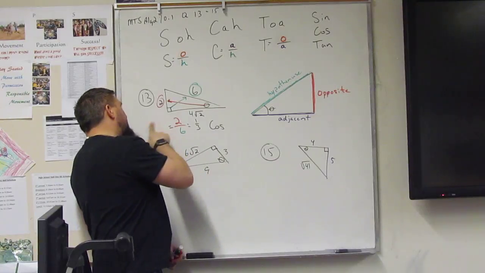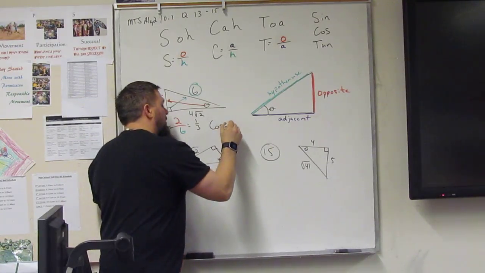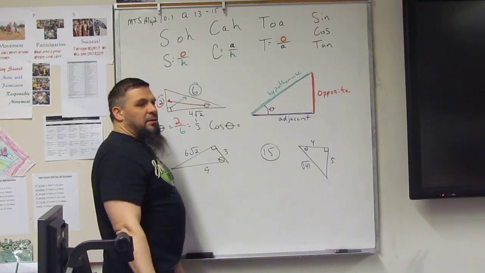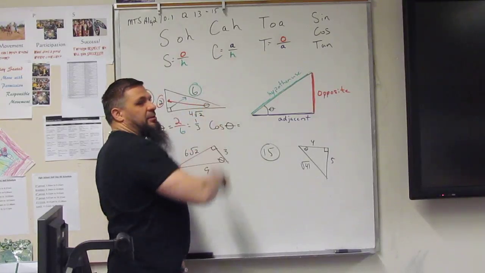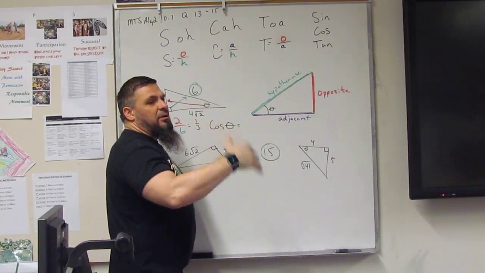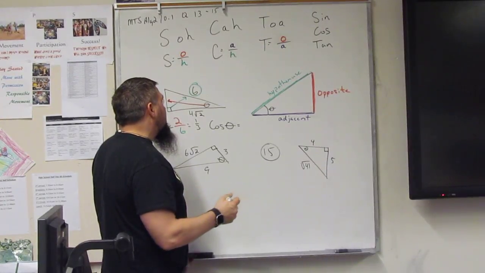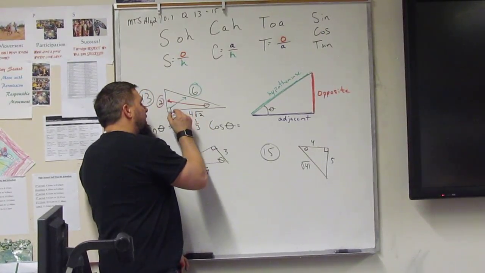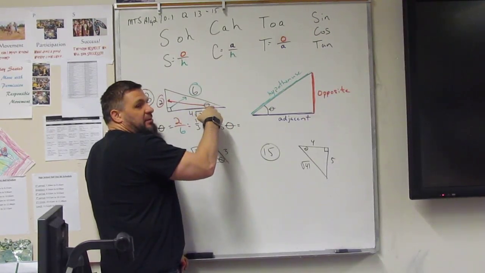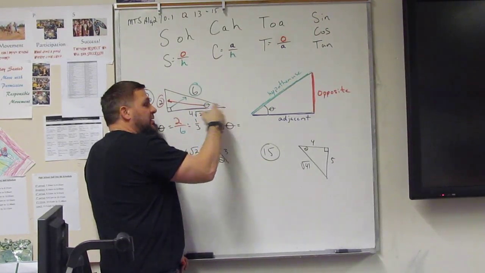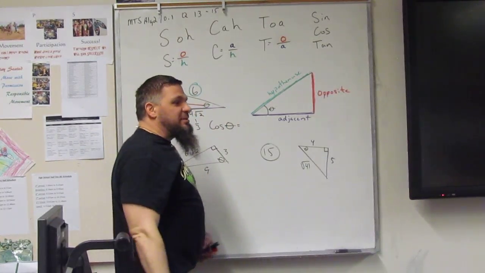And then you have sine, so then you want to do cosine. So this should be sine theta, of course, and cosine theta is equal to adjacent over hypotenuse. The adjacent is the side that touches the angle theta. But also notice that the hypotenuse touches theta.